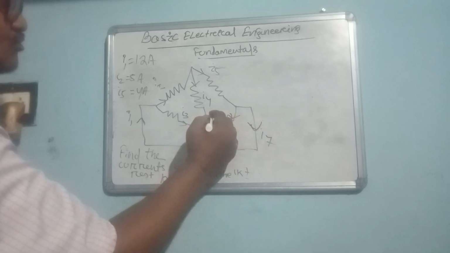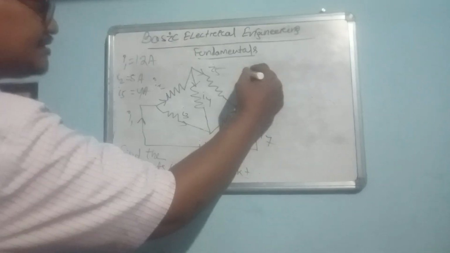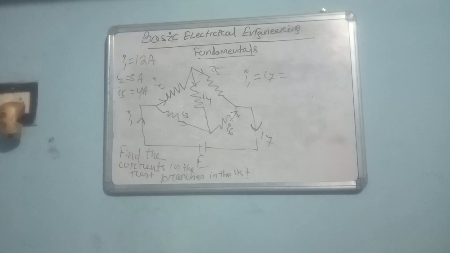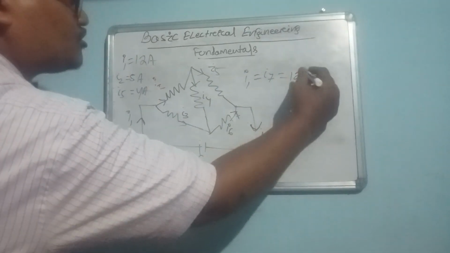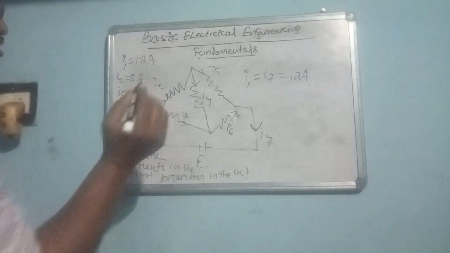So we can say I1 is equal to I7, which is equal to 12 ampere.